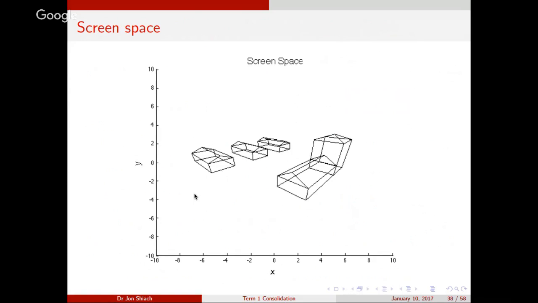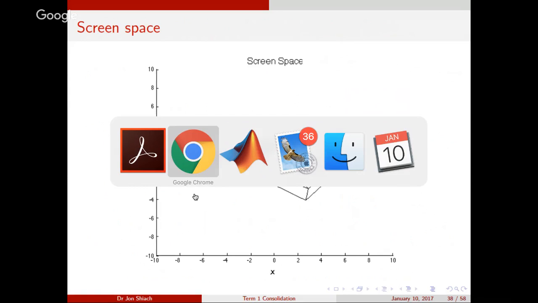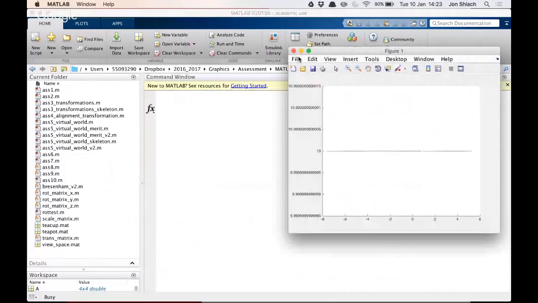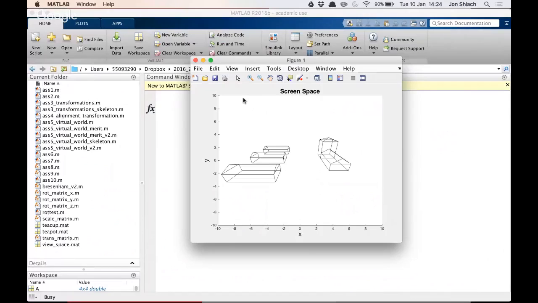This was a screenshot of my answer to assignment 5. I just want to show you that working. It's working incredibly slowly. I don't know why, probably because I'm recording it as well. So this was my solution to assignment 5. In my virtual world, I've got the camera on like a helicopter, so the camera's orbiting around my virtual world.